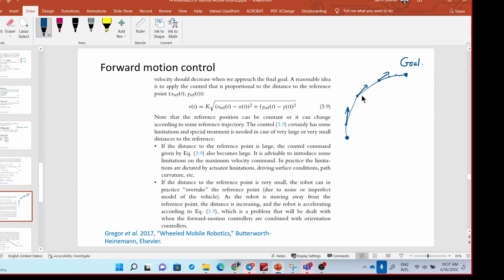This is how we choose the control law: proportional to the distance from the instantaneous position to the goal. So this is the distance, right? Square root of delta x squared plus delta y squared.